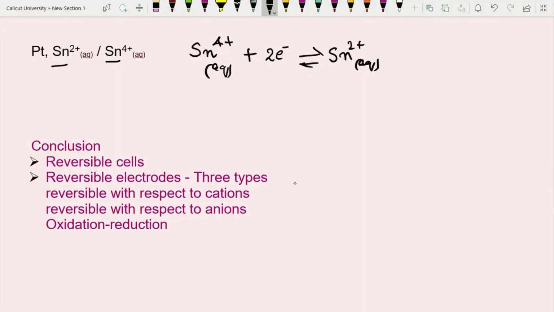Reversible electrodes are those electrodes which constitute a reversible cell, and they are further classified into 3 types: those reversible with respect to cations, those reversible with respect to anions, and also oxidation reduction electrodes.